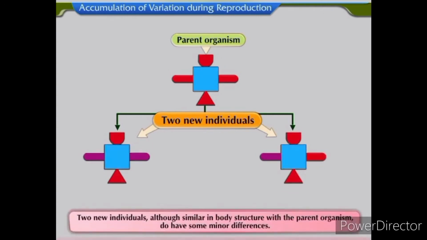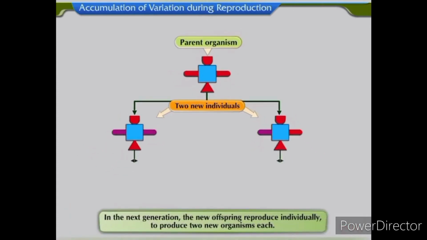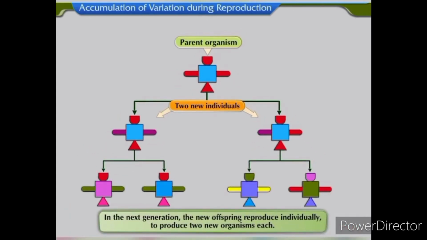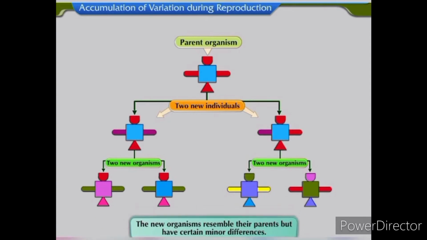These two individuals, although similar in body structure with the parent organism, do have some minor differences. Further, in the next generation, the new offspring reproduce individually to produce two new organisms each. These two organisms also resemble their respective parents, but do have certain minor differences.